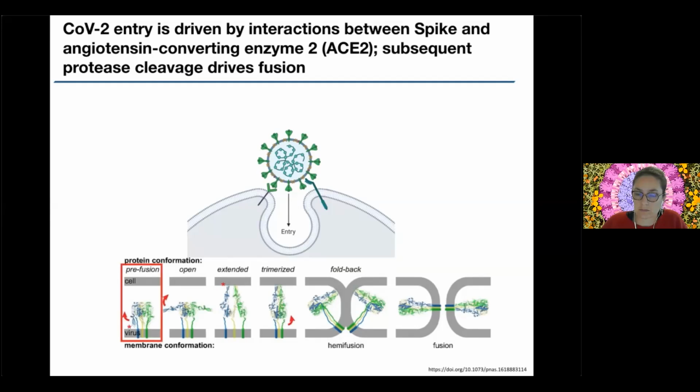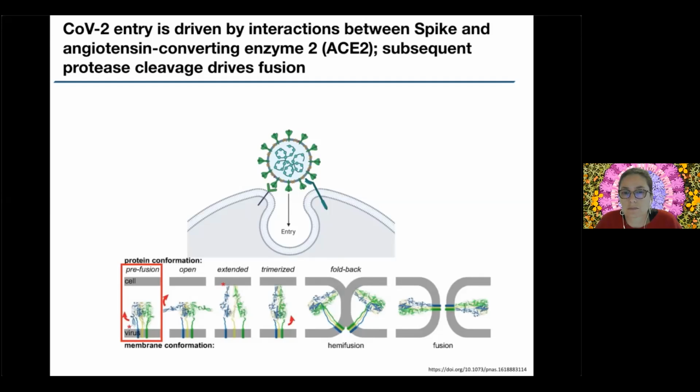So first, in the prefusion state, you can think of this as almost a metastable state for the fusion protein. And prior to the proteolytic event that triggers the fusion process, this receptor binding subunit, which has not been cleaved off yet, you can think of as clamping the fusion subunit and keeping it tucked away and inactive until the virus has encountered the appropriate host cell and it can be activated by these proteolytic cleavage events.